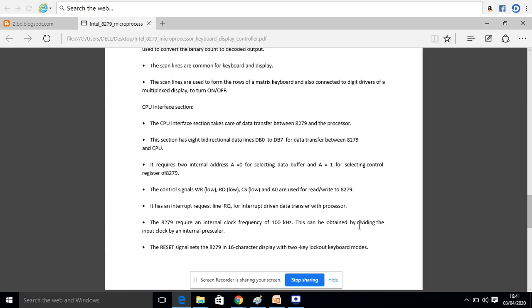The 8279 requires an internal clock frequency of 100 kHz. This can be obtained by dividing the input clock by an internal prescaler.